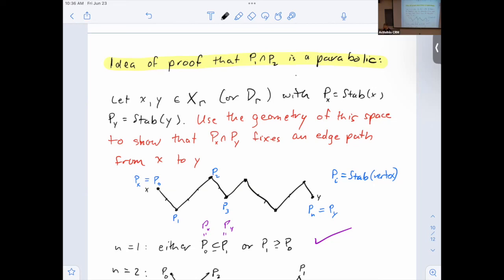Whether it's parabolic? No, that's not true. It's not the case. Although there is this isomorphism problem showing that you can detect subgroups of certain types inside, but they're not all parabolics.